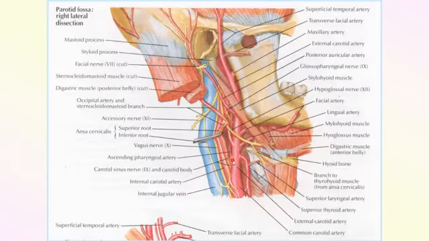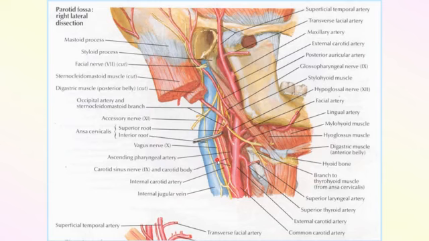And what we see here is all these structures here would have been running in the carotid sheath, and it has been removed, and kind of hooking or pulling back the internal jugular vein and the vagus nerve and the internal carotid artery here.